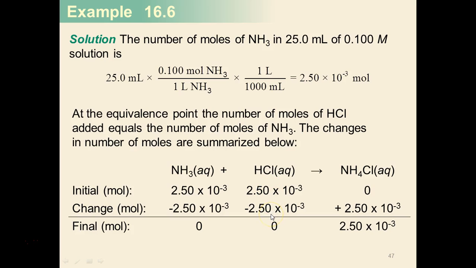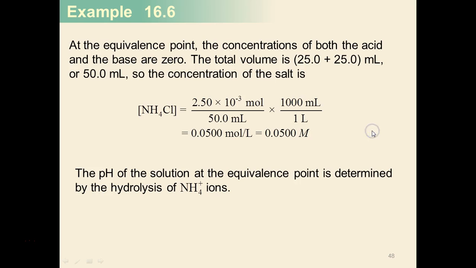HCl will completely react because it's a strong acid, completely reacting with the base, leaving only the formation of 2.5 times 10 to the negative 3 moles of ammonium chloride. So all that's left at equilibrium is ammonium chloride, which is the conjugate acid of ammonia, the weak base, and it will undergo hydrolysis.